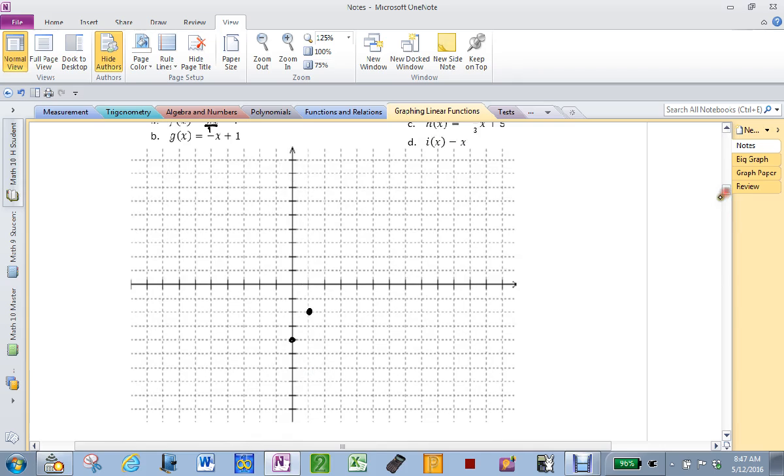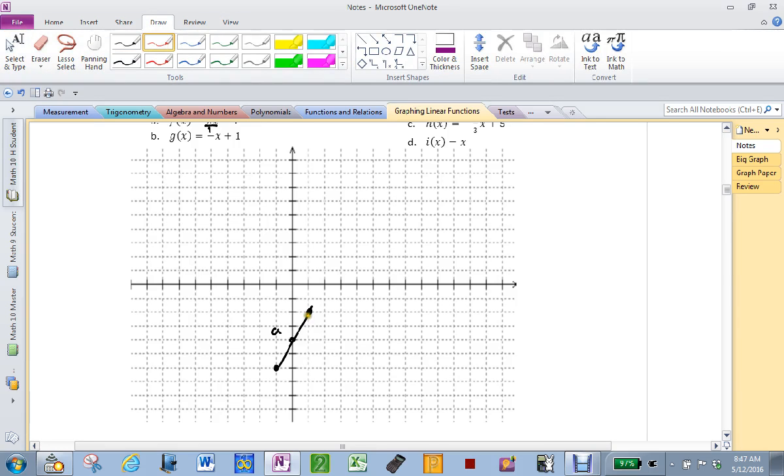Does everyone see how it works? Could I also go down 1, 2, which is negative, and left 1? Yes. And there is my first line, which of course would carry on forever, yes? There is A. Everybody cool? Now watch. 1, 2, 3, 4.